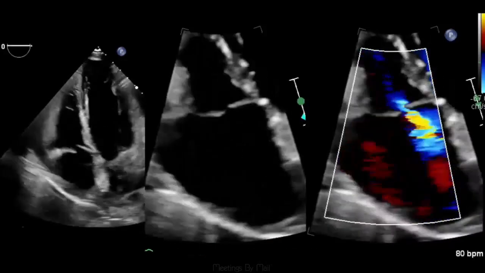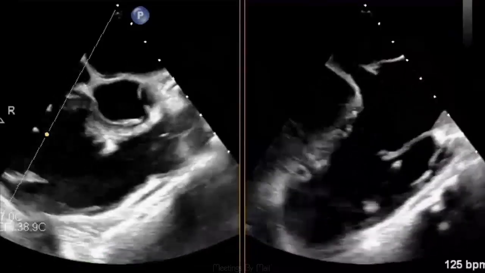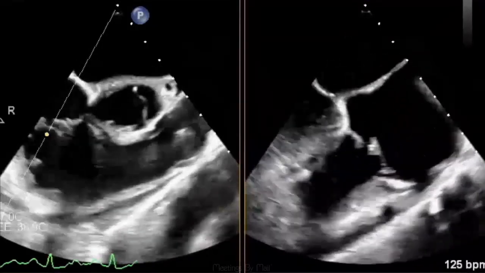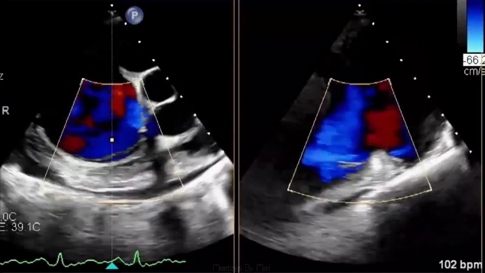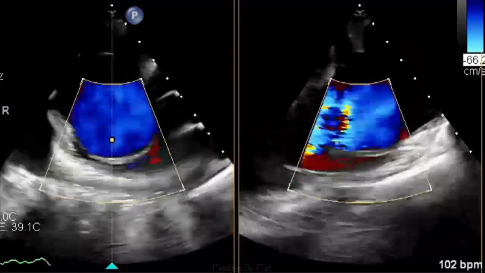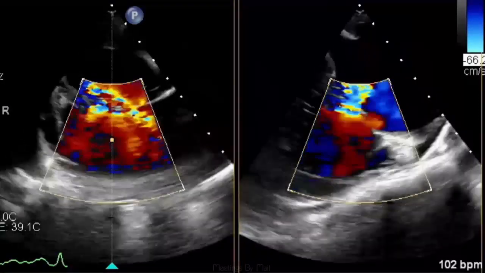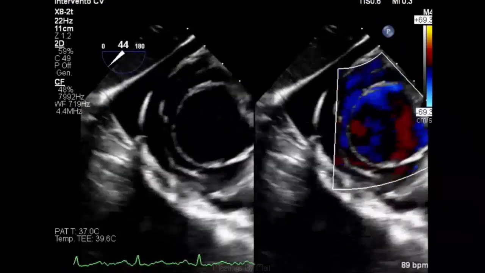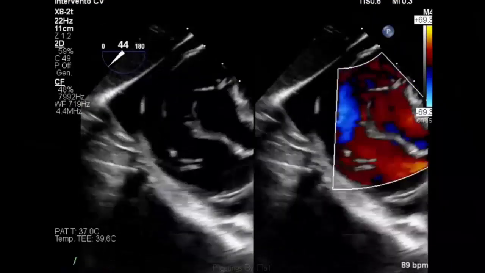But there is a TR, and I see that there is something moving strangely. So probably there is an excessive motion of one leaflet. It's a primary TR. Probably this patient had, who knows, maybe an endocarditis or trauma. We don't know why she had this, but it's an isolated TR with some flail, and she's 51 with not many comorbidities.